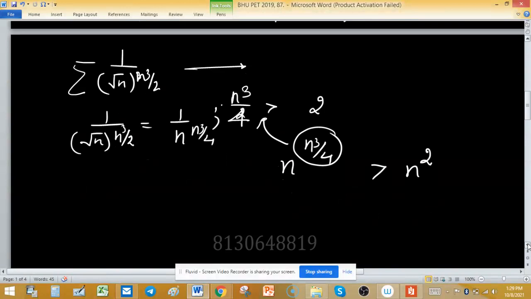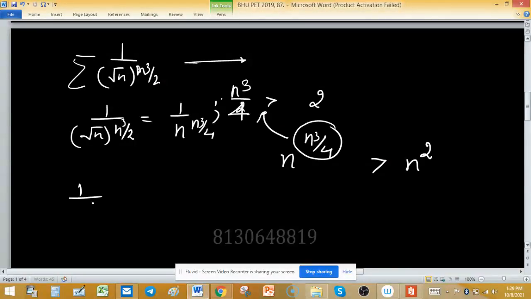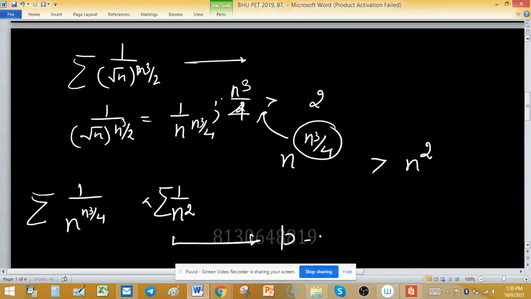And its reciprocal, 1 upon n raised to the power n cube by 4, is less than 1 upon n square. This is a p series, and the value of p is greater than 1, so it will be convergent. If this is convergent, then this one is convergent.